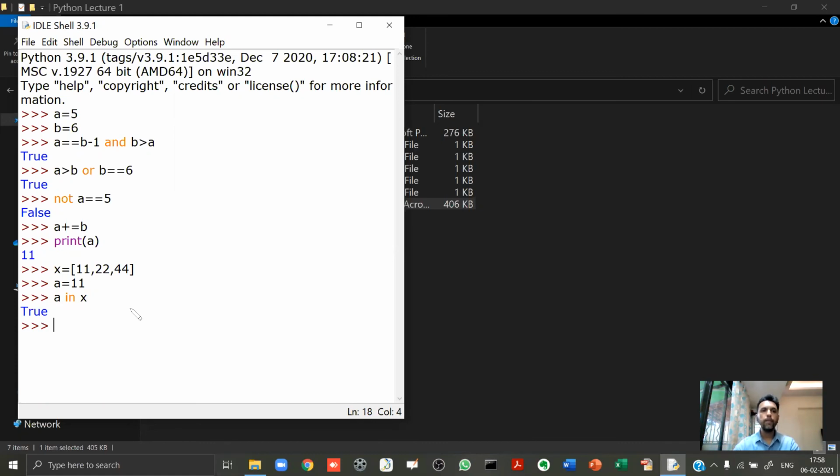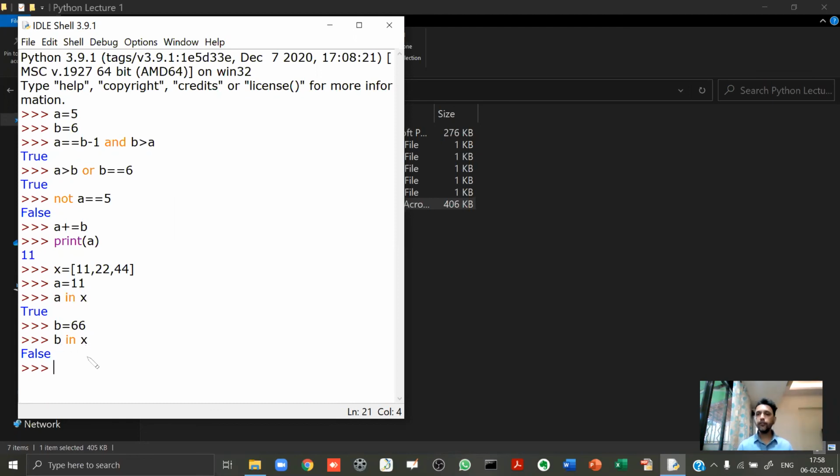Yes, it is true. Now let's say b is equal to 66, and I write b in x. What do you think is the answer? False, because b is not in x. By the way, x is this list. So basically, this in is a membership operator, which is checking whether a is a member of x. Here we are checking whether b is a member of x.